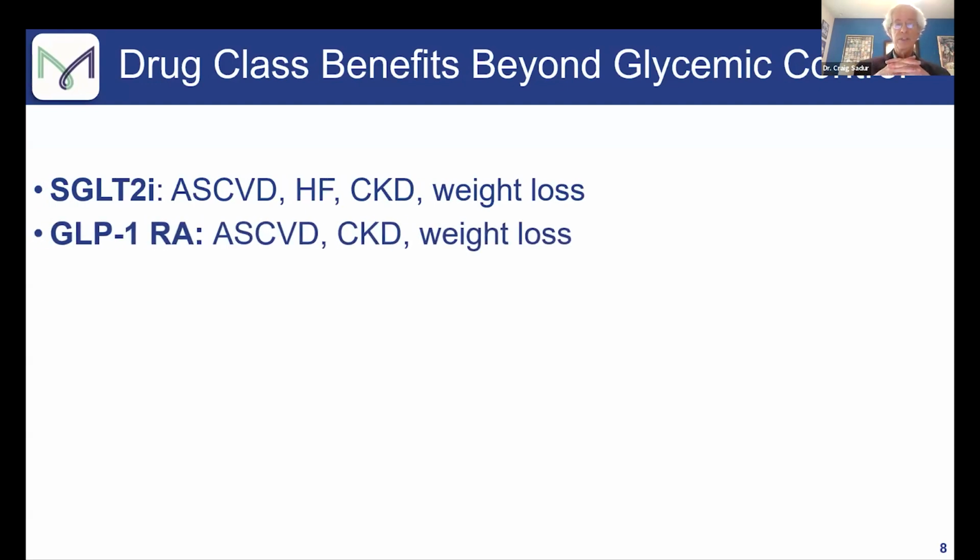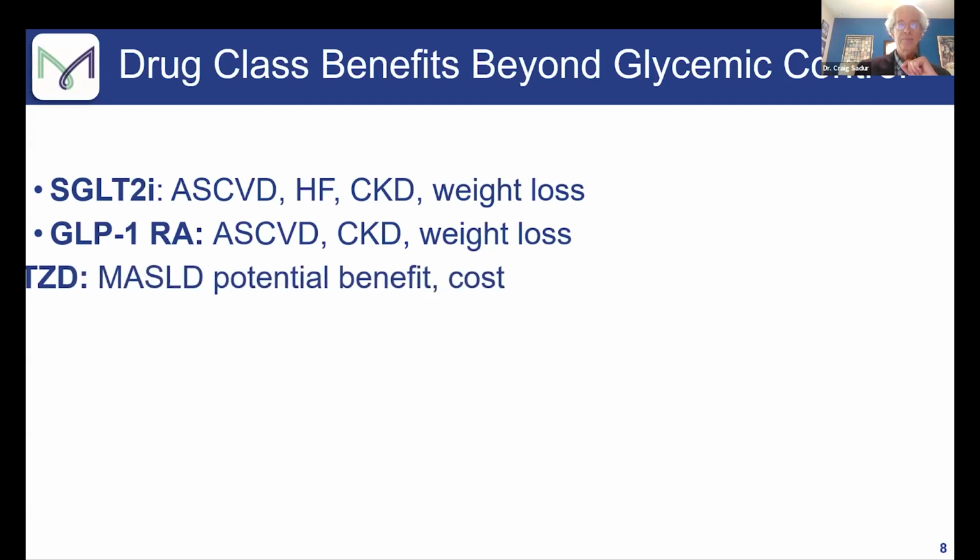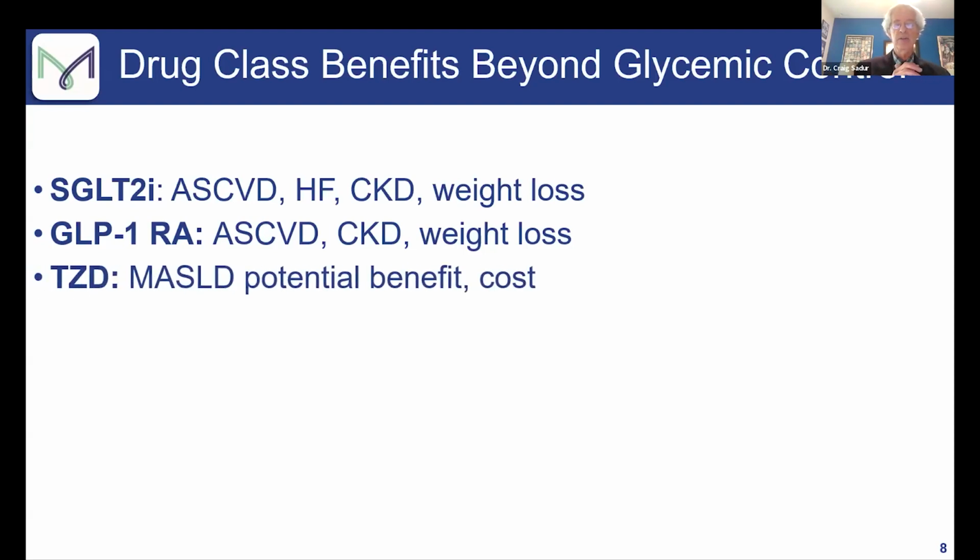We've got the GLP-1 receptor agonists that similarly are beneficial for patients who have or who are at risk for atherosclerotic cardiovascular disease, chronic kidney disease, and they're very helpful with weight loss. We've got the thiazolidinediones like pioglitazone that are helpful with what used to be called non-alcoholic fatty liver disease, and has been changed to the tongue twister metabolic dysfunction associated steatotic liver disease, 20 syllables, which is more descriptive, but is a challenge.